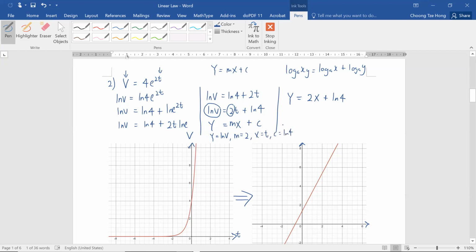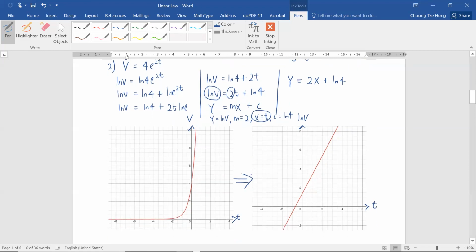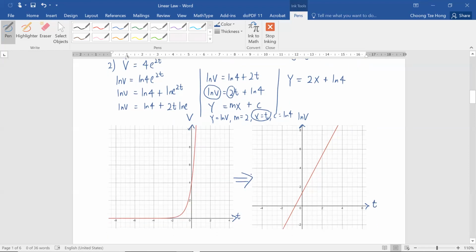So for the vertical axis, the change was that V became ln V. For the horizontal axis, there was no change. Big X is still T. So the change to transform it would be, instead of plotting V against T, we plot ln V against T, and that will change this graph to a straight line.